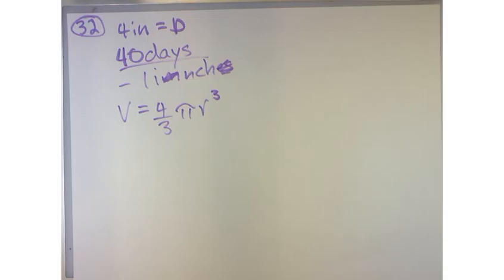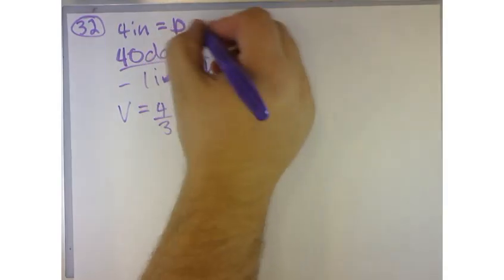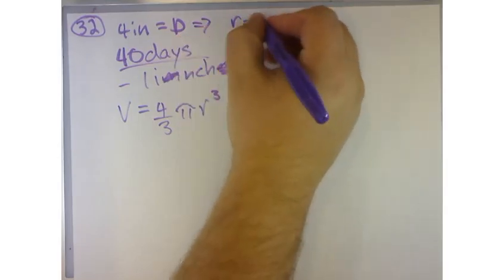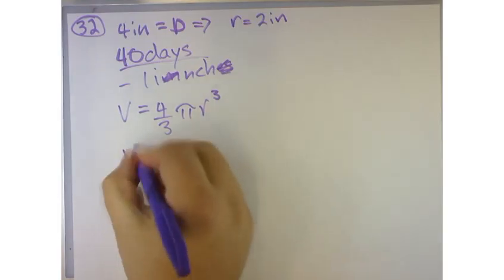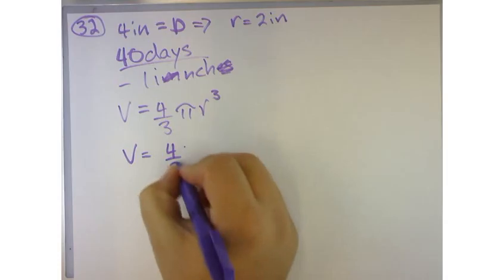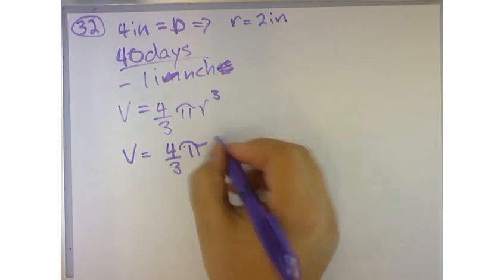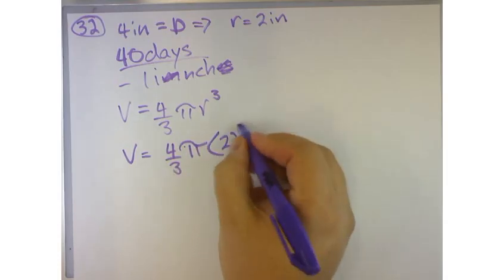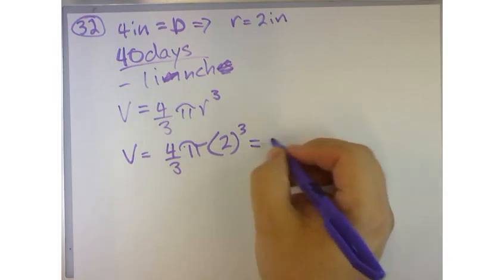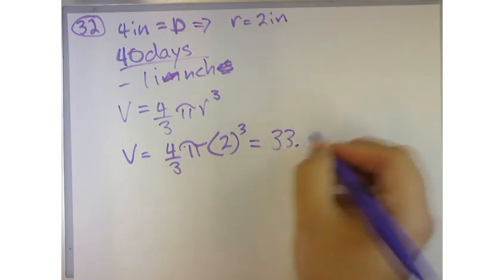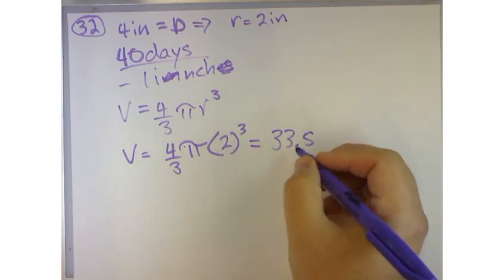If the diameter is 4, then the radius is 2 inches. So what was the original volume? The original volume would be 4/3 times pi times 2 cubed, and if you plug that in your calculator, it would be pretty close to 33.5 inches cubed.